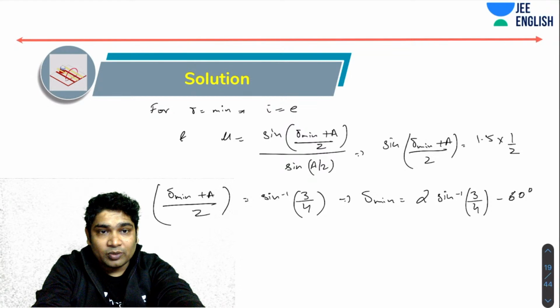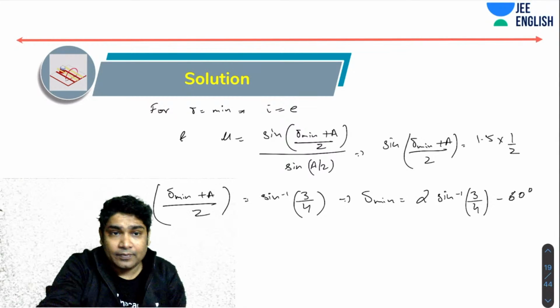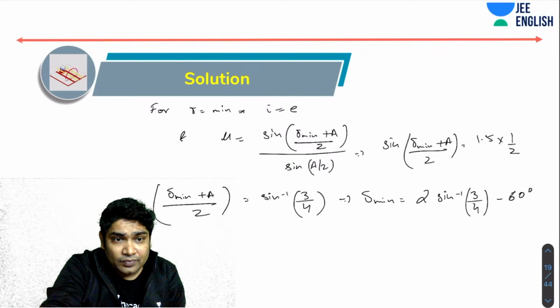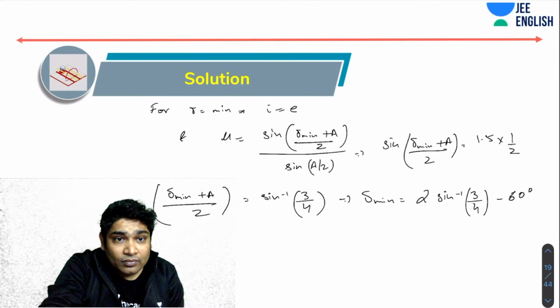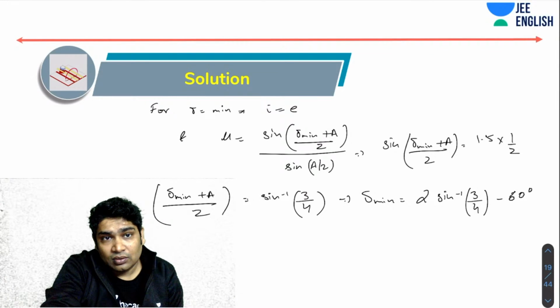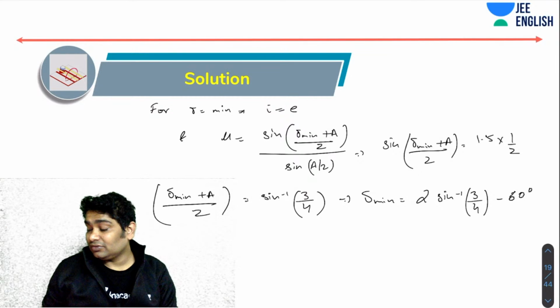Okay, so sine inverse of 0.75 is roughly 48, so roughly 49 degrees.